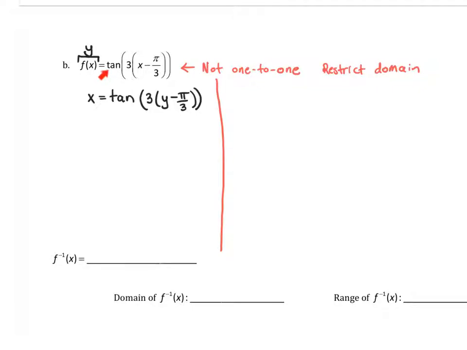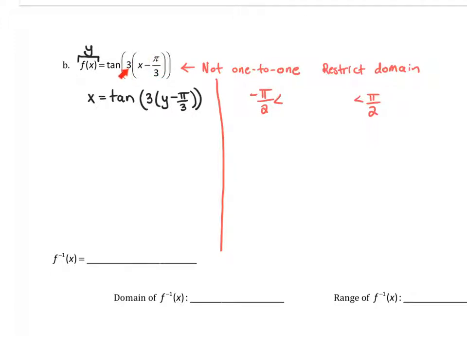The function that I'm dealing with is a tangent function. Our normal restriction that we do on a tangent function is to restrict the domain between negative pi over 2 and pi over 2, not inclusive of the endpoints. Now my particular function happens to be a tangent function with some transformations applied to it.